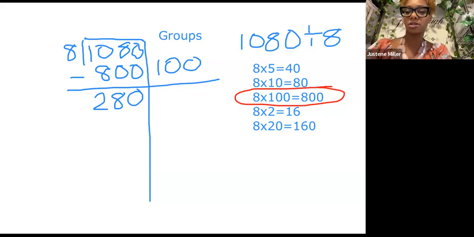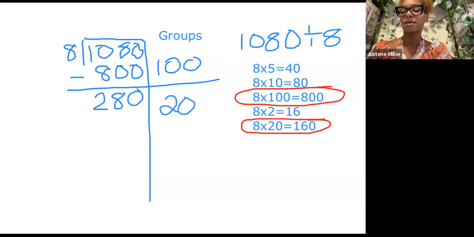Now, which groups should I use? How many groups of 8 can I use now using the fact chart I already created? Yeah, I can use 20 groups of 8. So let's use 20 groups of 8. Put the 20 on the right. And 20 groups of 8 gives me 160.